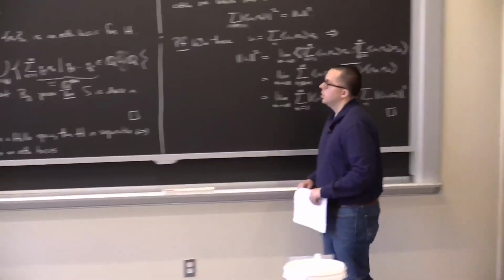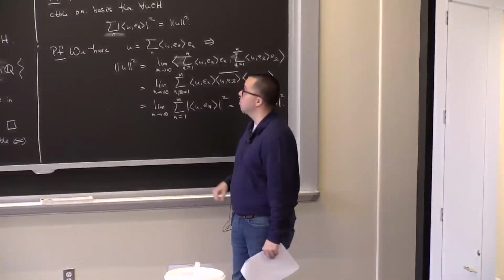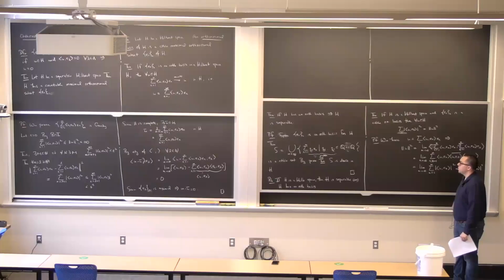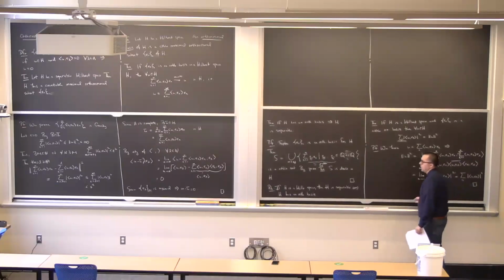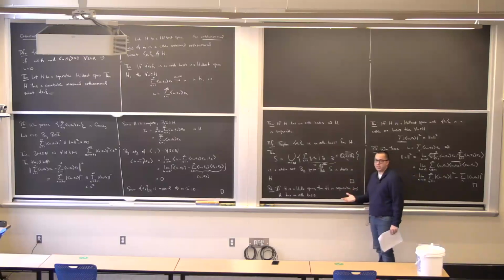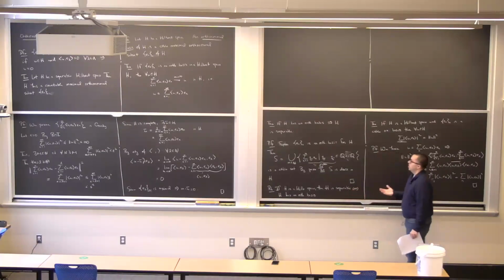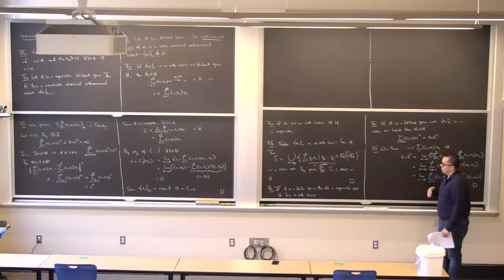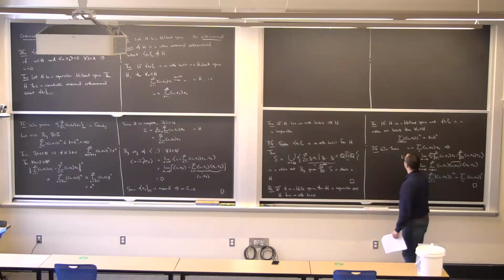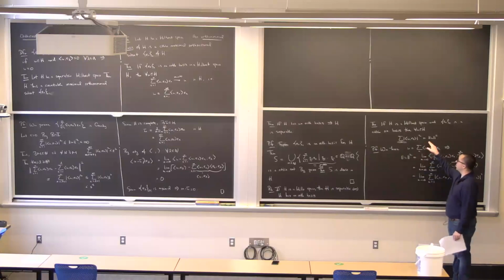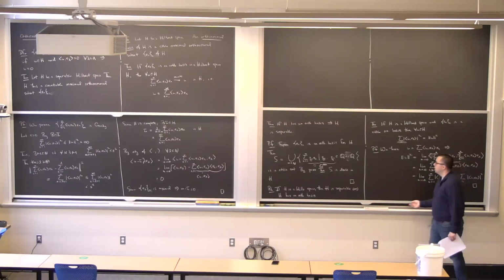So, we've seen a couple of simple applications of the theorem. We proved that if I have an orthonormal basis, then the Hilbert space must be separable. And also, we have equality in Bessel's inequality in terms of the orthonormal basis.